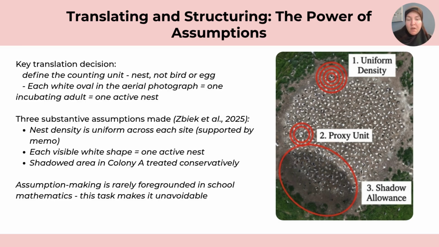We made three. First, nest density is uniform across each colony site, which the memo supports by confirming habitat is uniform. Second, each visible white shape was treated as one active nest proxy. Third, the shadowed area in colony A was counted conservatively rather than ignored or treated as equal to the rest.